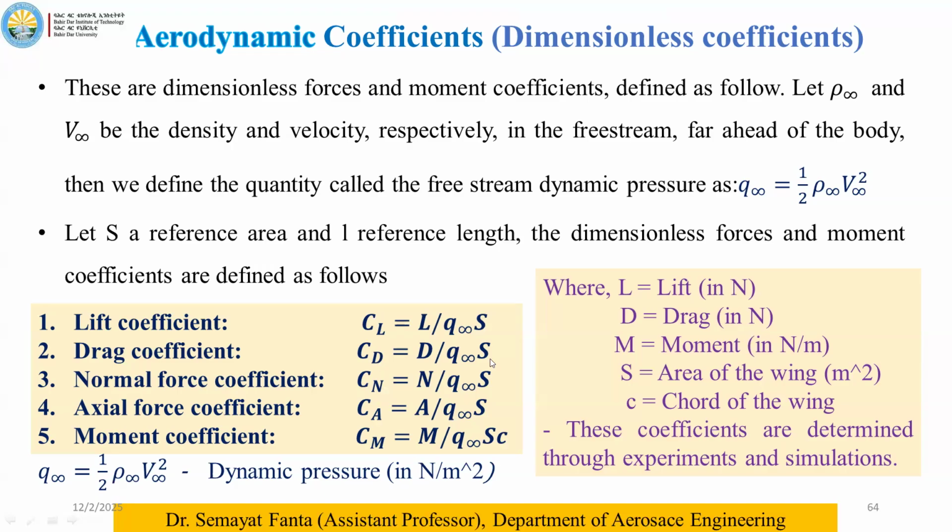CD is also a dimensionless quantity. Therefore, these are non-dimensional aerodynamic coefficients, which are very useful for aerodynamic analysis. So Q is the dynamic pressure in Newton per meter square.